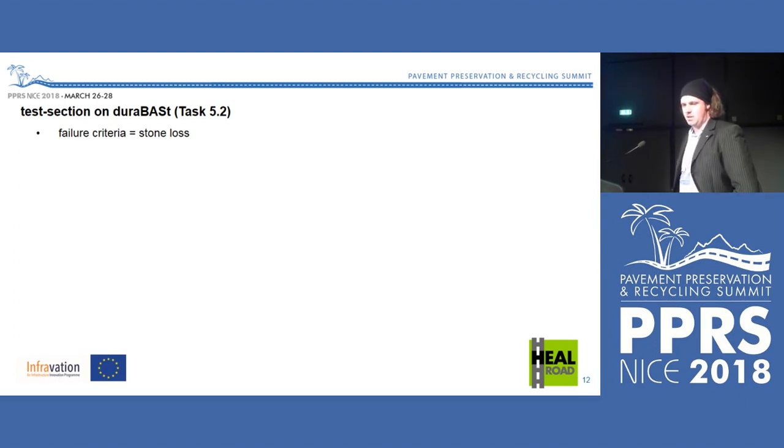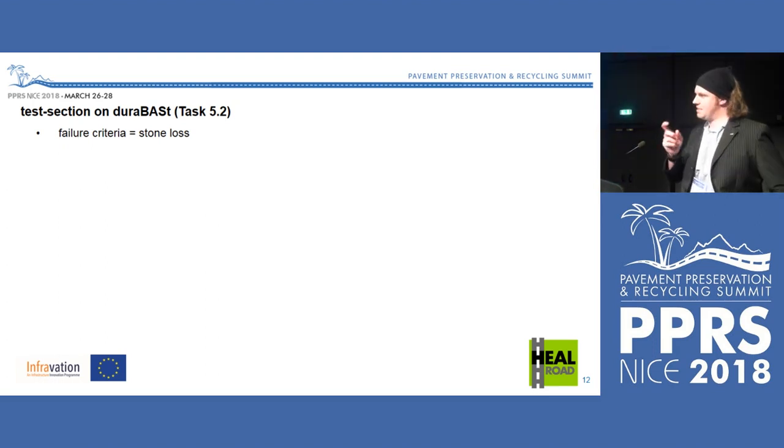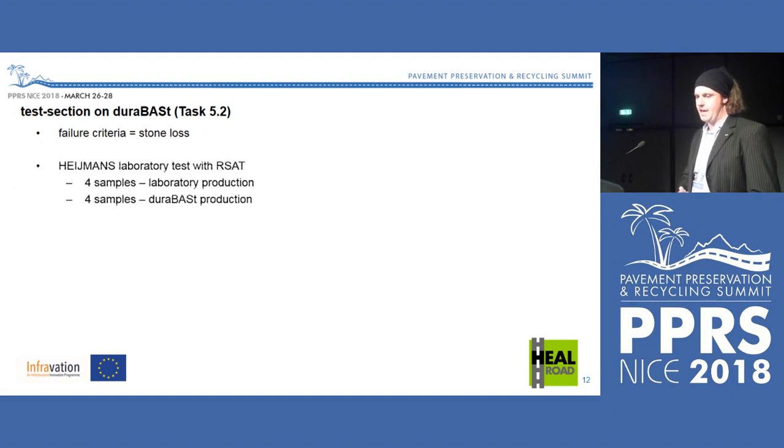During our preparation of work package 5 and the loading program, we decided on stone loss as the failure criterion, because then the first cracks appeared between the aggregates inside the bitumen film. And Heymans used an AirSat system.